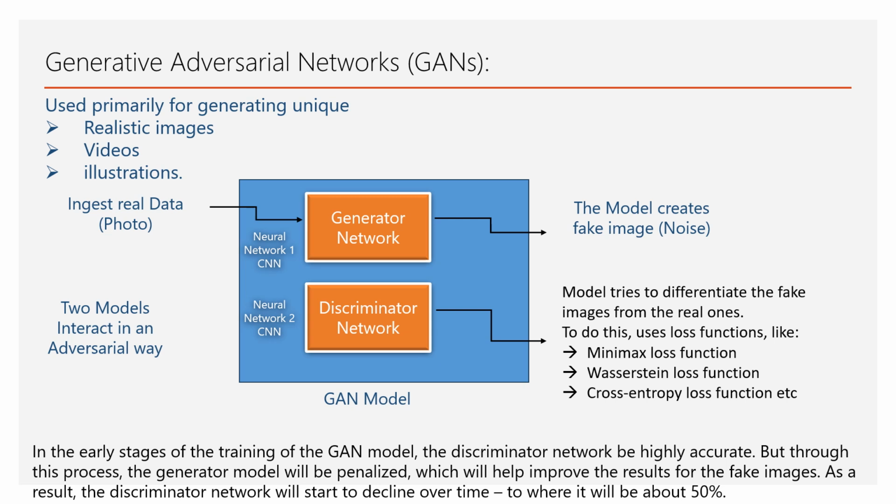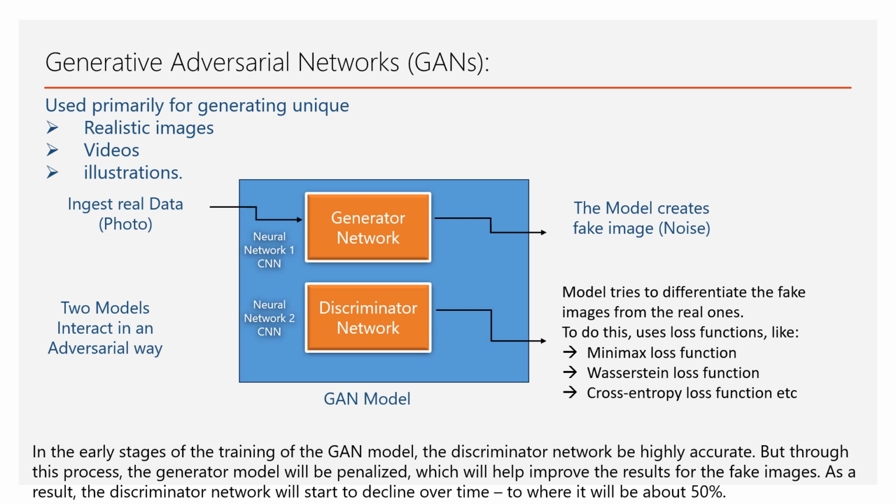When we are in the training stage of this GAN model, the discriminator module is with very high accuracy. Correct. But as the training goes on, the generative model will be penalized. And why is this penalized?